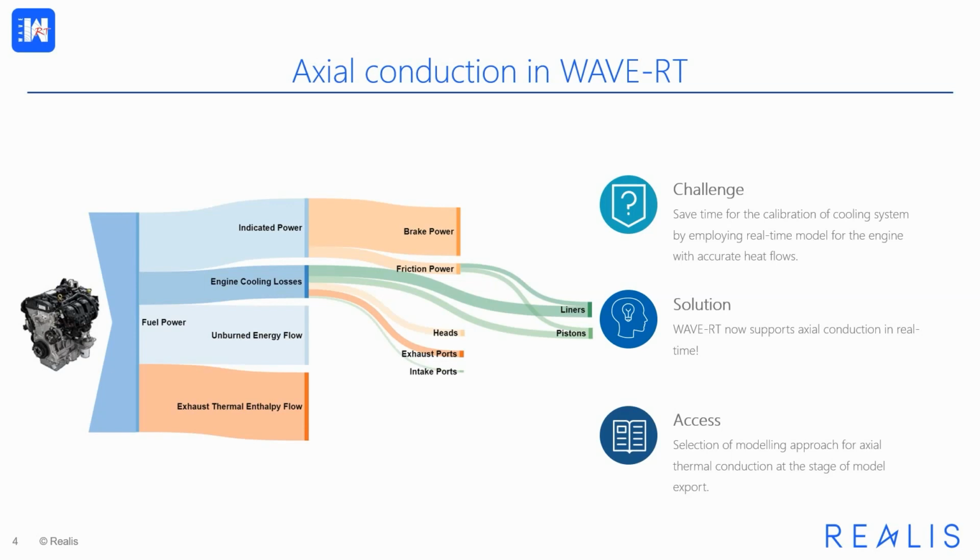Axial conduction can be enabled on demand and is fully configurable, offering users the option to switch it on for the whole plant model or for a desired subset, for example the engine block only. This new feature is illustrated in the engine thermal balance examples for natural and turbocharged engines available in the Wave installation.